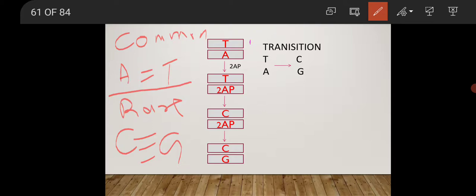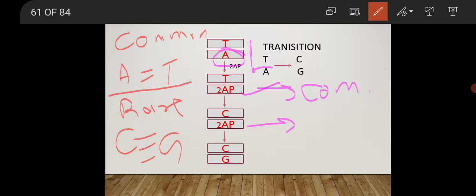So this is the normal gene TA, when there is addition of 2-amino purine. In the common form, 2-amino purine is adenine, so in place of adenine, 2-amino purine is added. This is the common form. At the second replication there is addition of the rare type, and we know the rare type is cytosine.